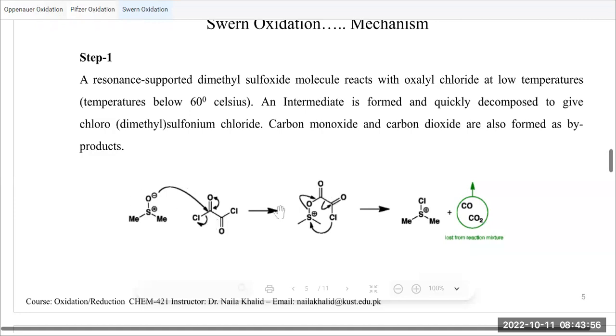You will see that this type of intermediate is formed, which is decomposed to give you carbon monoxide and carbon dioxide and give you this type of sulfonium ion. This is chlorodimethyl sulfonium ion, which is a very active species and is helpful in the oxidation of alcohol.